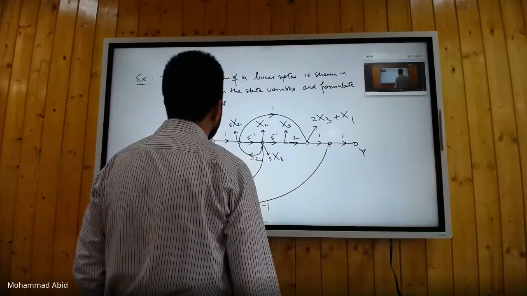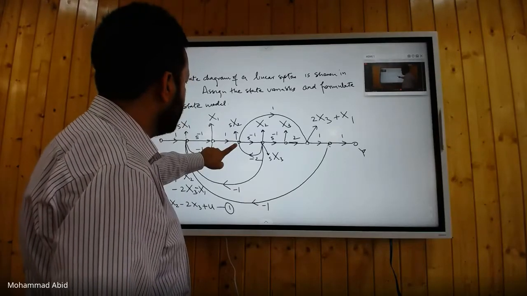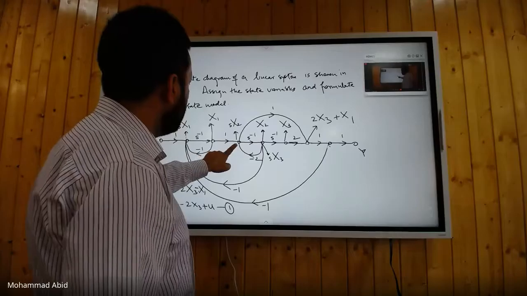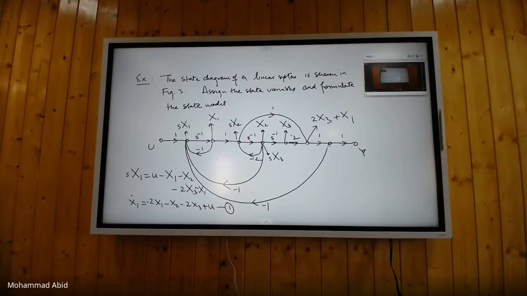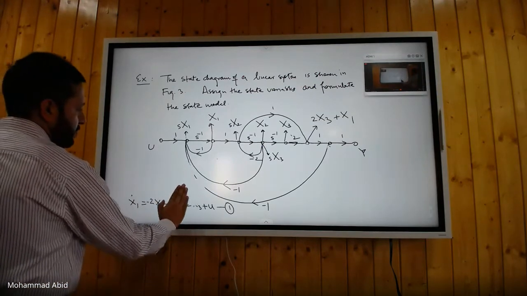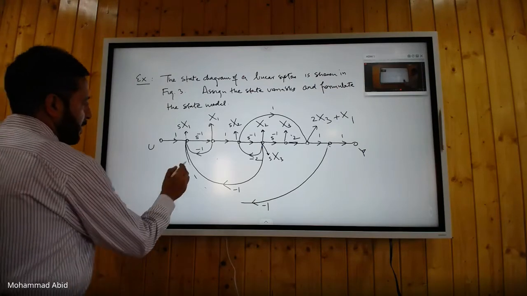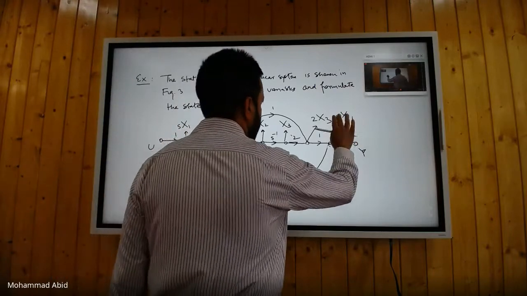Sir, there is also -2x2 there. What are you saying? The x1 element is here, and this is also x1. Sir, but at the sx2 point there is also a -2 loop coming, so -2x2 is also there. Yes, you are correct. Let's do it once again. Let me rub these things.